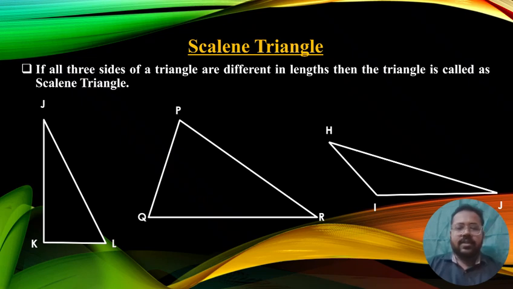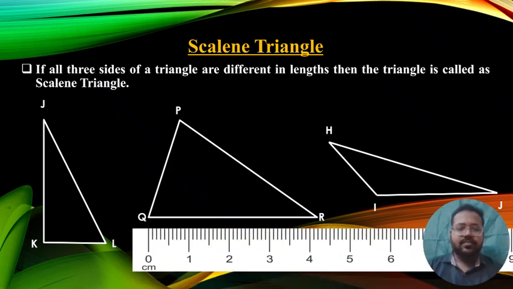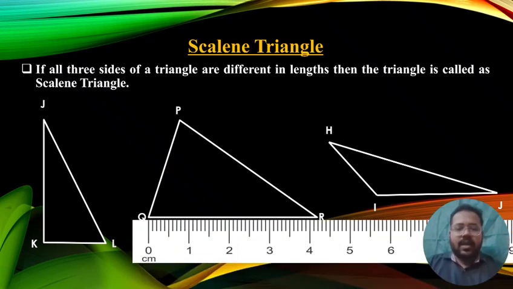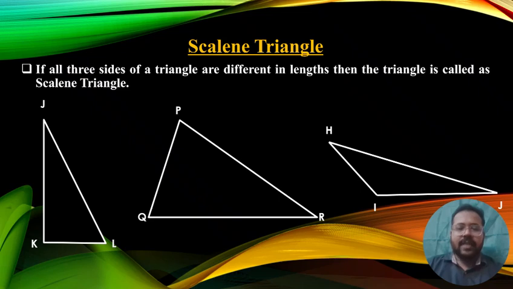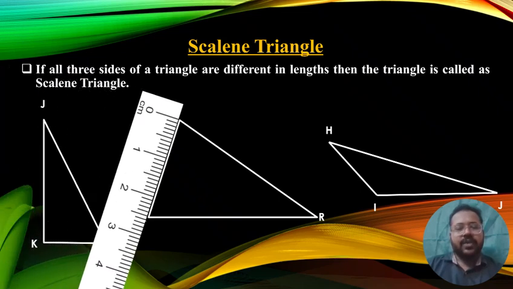For measuring the lengths of the sides of triangle PQR, let me bring the ruler here once again, and we are verifying whether it is a scalene triangle or not. Here you can observe that the length of side QR measures 4.2 centimeters. The length of side PQ is 2.5 centimeters.